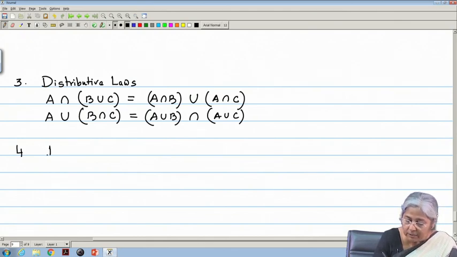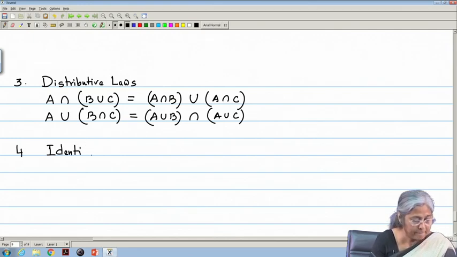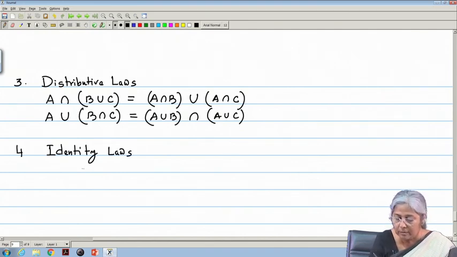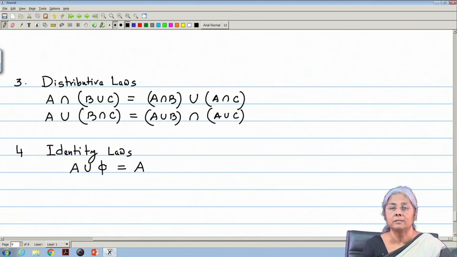Now, identity laws. If I take the union of a set A with my null set, then we will be getting A only, because null set means having no elements, and union is those elements which are either in A or in the null set.